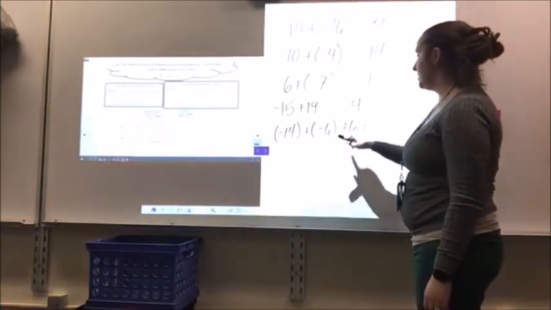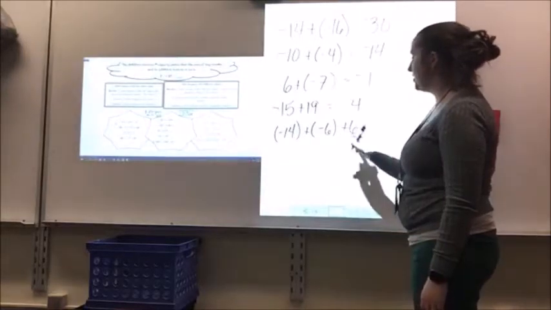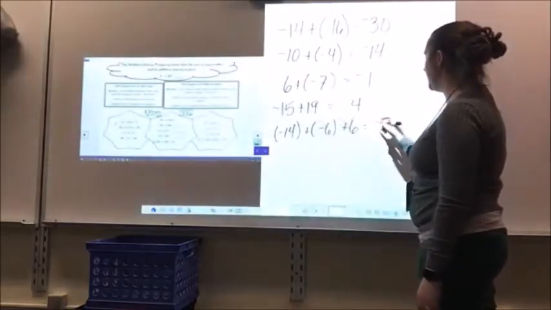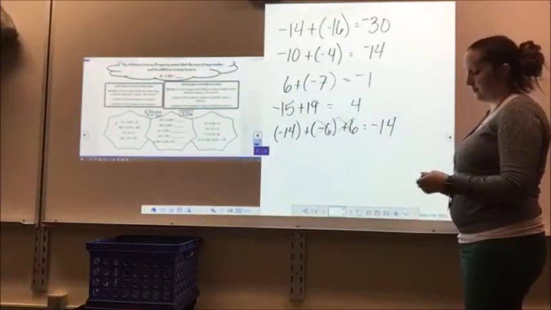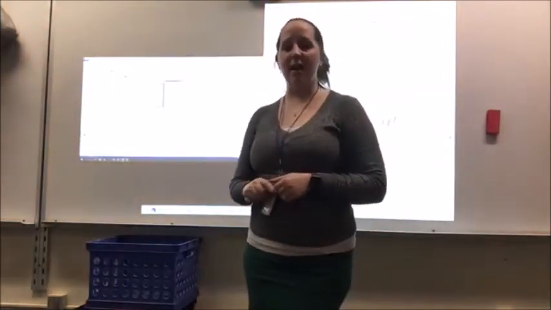Same signs, different signs. Negative 6 and 6 are additive inverses of each other. They cancel each other out. So I'm left with negative 14. And that is the end of lesson 2.